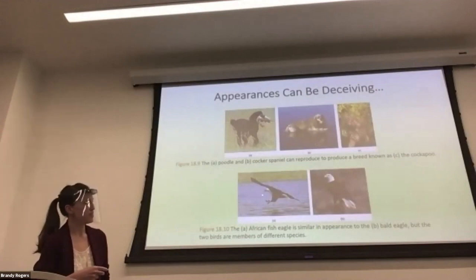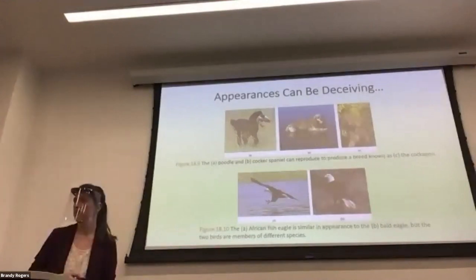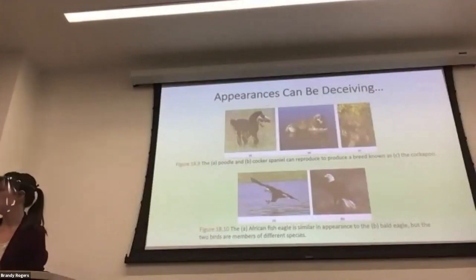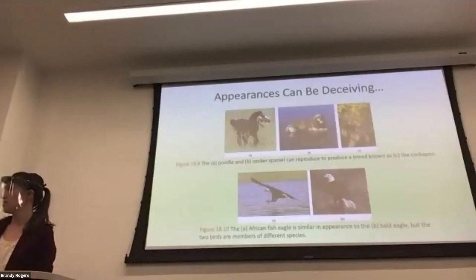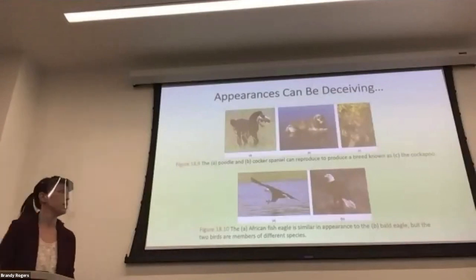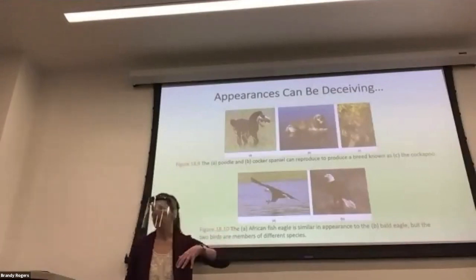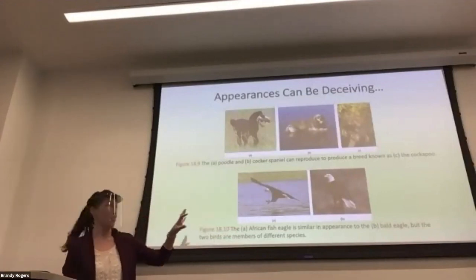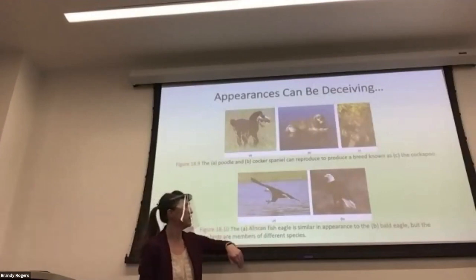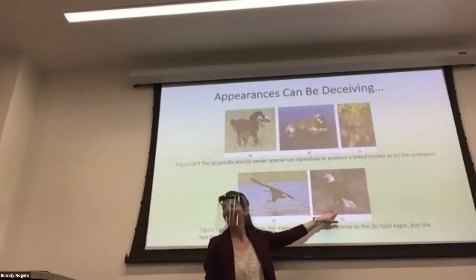What about these two? These birds look really similar, right? If you were just out doing a bird survey with some binoculars and you saw these two, you might think they're the same, right? Especially from a distance. If you look a little more closely at photos of these two birds, they're more different than they appear at first glance, but this is an African fish eagle, and this is what? You guys know? Bald eagle, yeah.